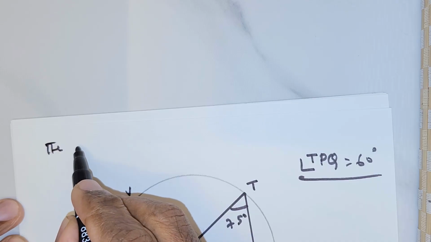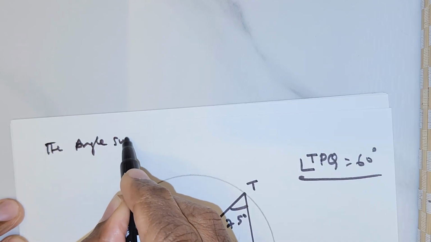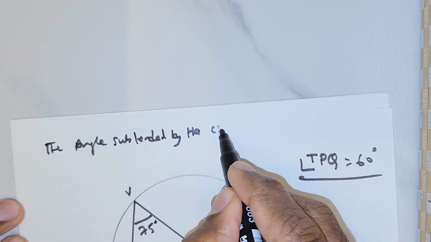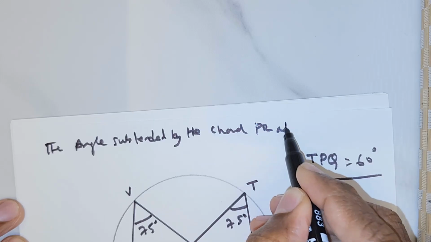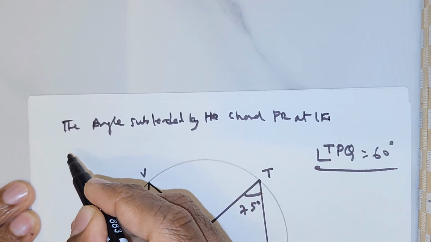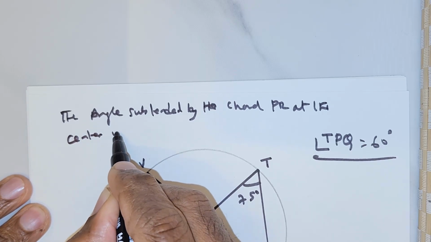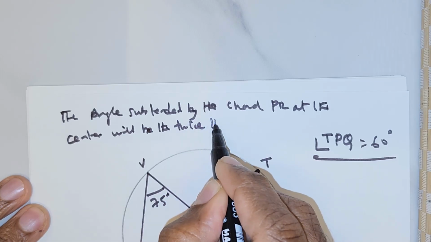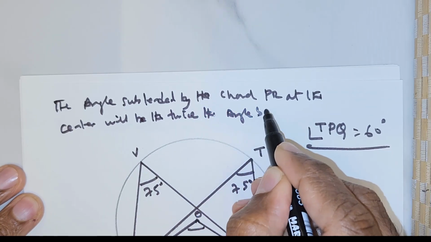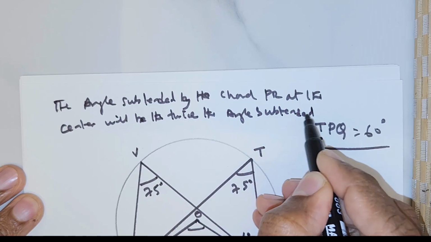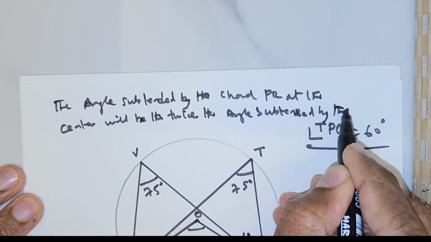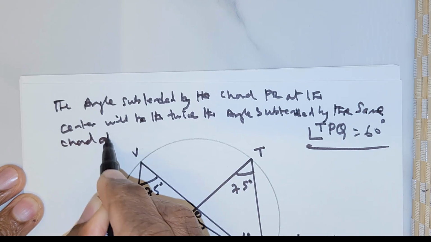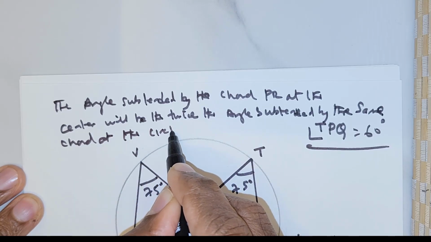The angle subtended by the chord PR at the center will be twice the angle subtended by the same chord at the circumference.